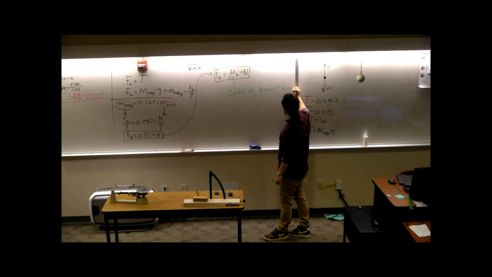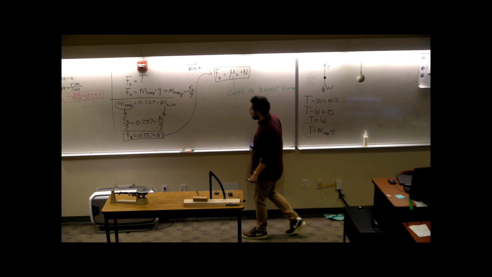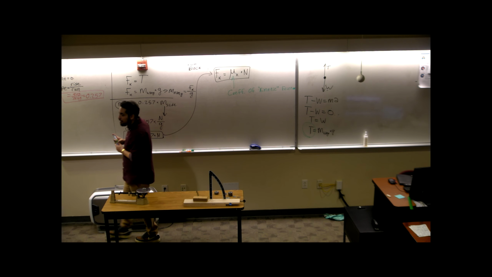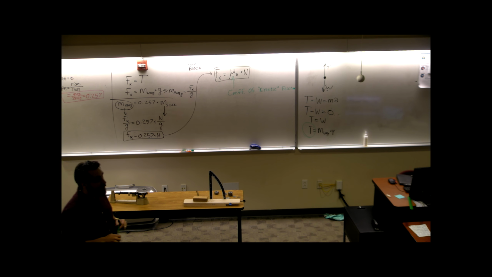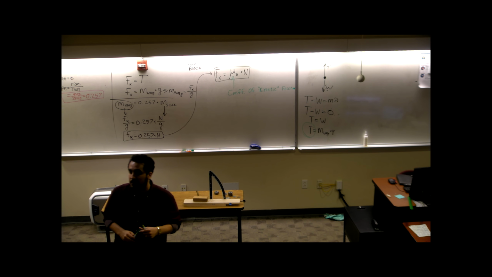There's a similar one for static friction. We have this coefficient of kinetic friction, which depends on what materials are present. In other words, how grippy is the surface? How much grip is between the surface and the object that is trying to slide on that surface?